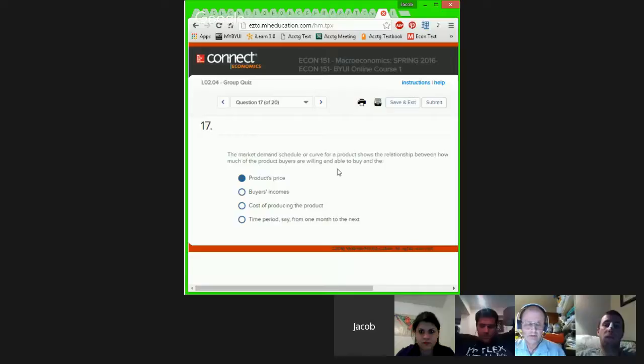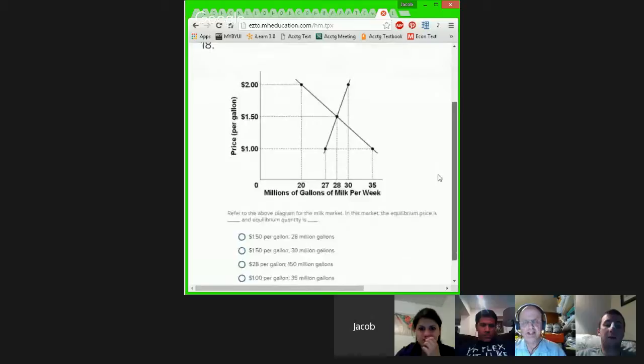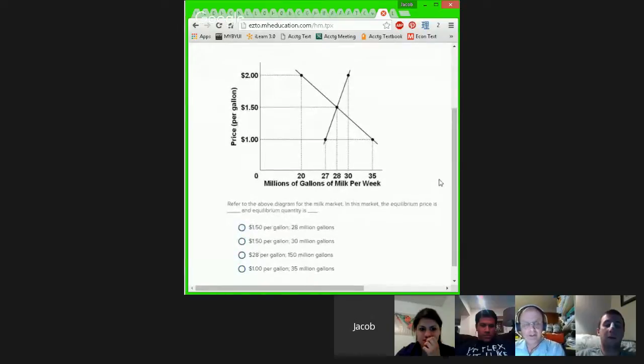What do you think, Giovanna? Agreed. All right. Okay, we got 18 now. Let's see. Here's that intersection thing with milk now. Refer to the above diagram for the milk market.